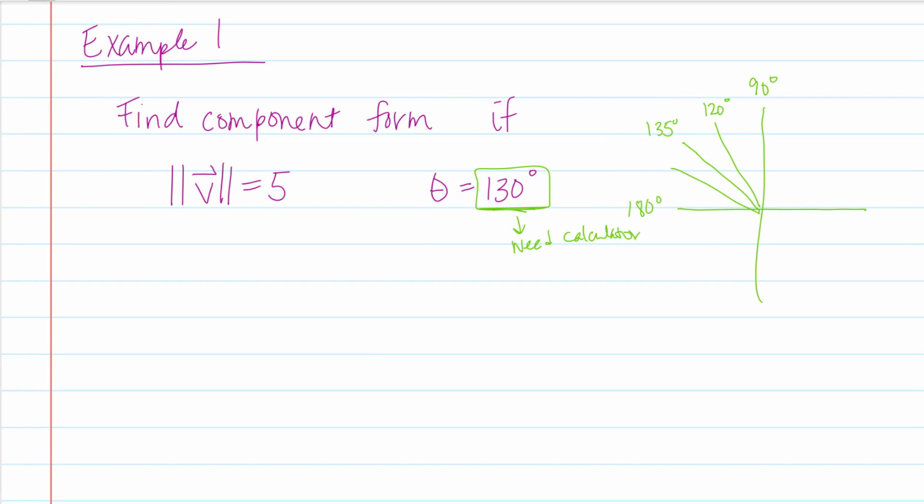Alright, so we've got a magnitude and we've got a direction. How do we build v? Well, what we noticed yesterday was that we can view this magnitude as a scalar, and then we can use sine and cosine with our direction angle.